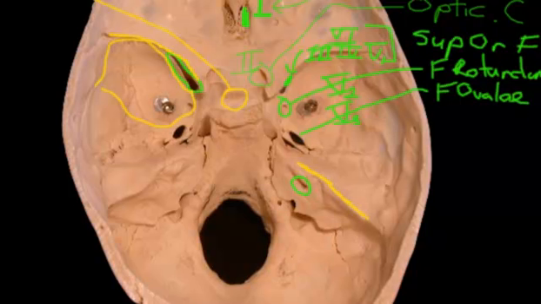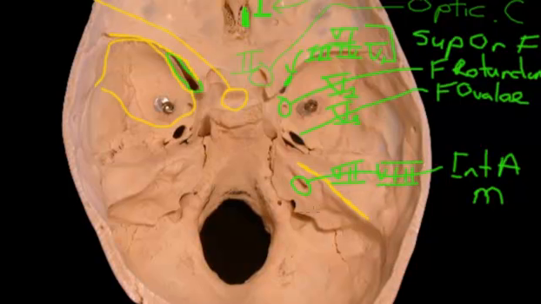And this foramen just here is called the internal auditory meatus. And that's where the seventh cranial nerve leaves, and also the eighth, through the internal auditory meatus.